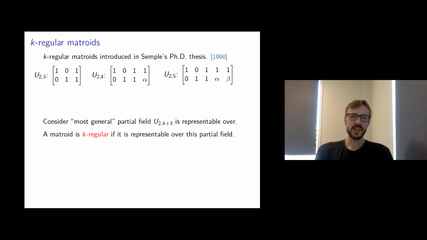And you can make this idea of most general partial field more precise when you know about universal partial fields. But the idea is that a matroid's K-regular if it's representable over this partial field, the most general partial field that U2,k+3 is representable over.